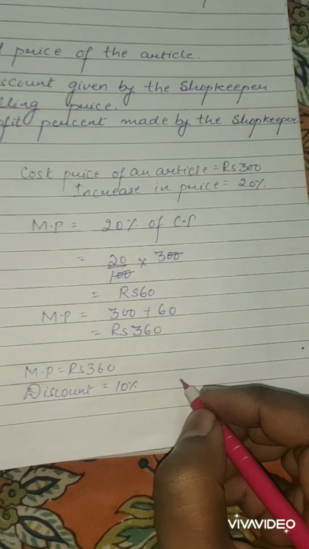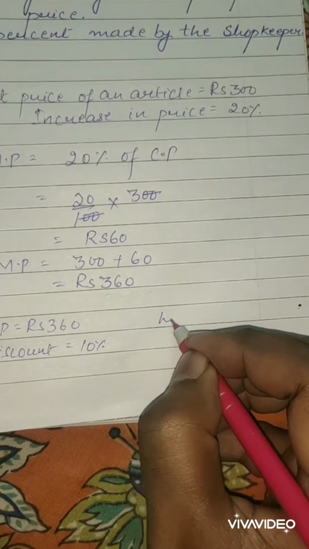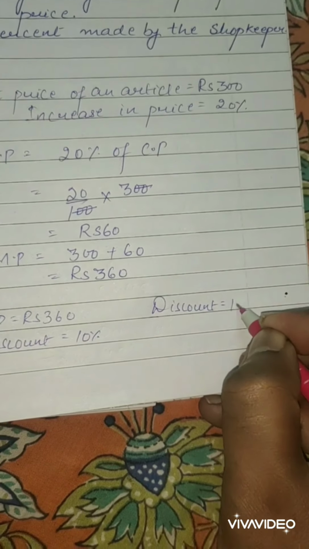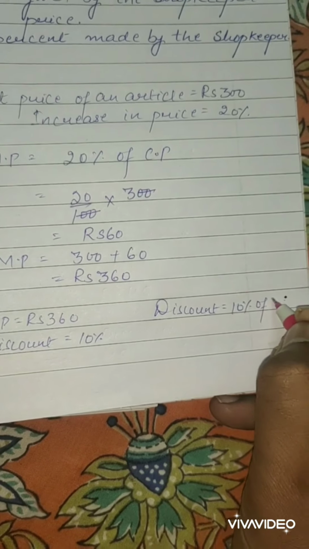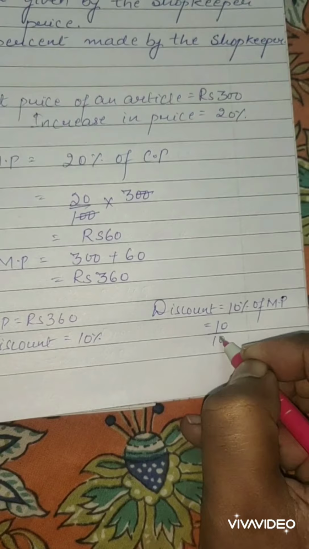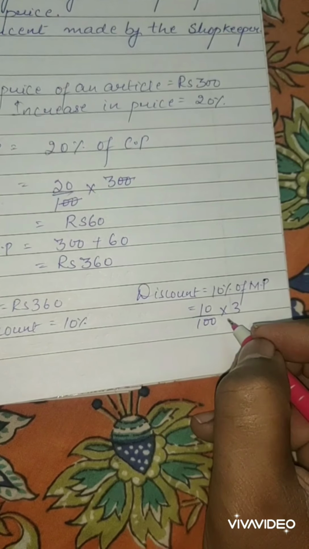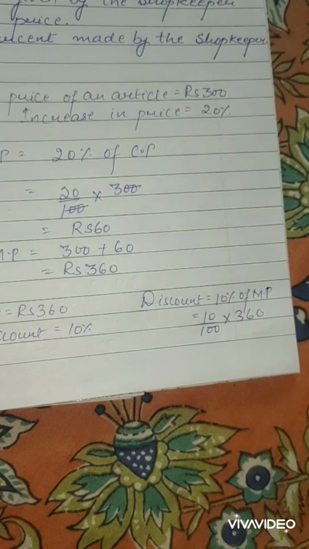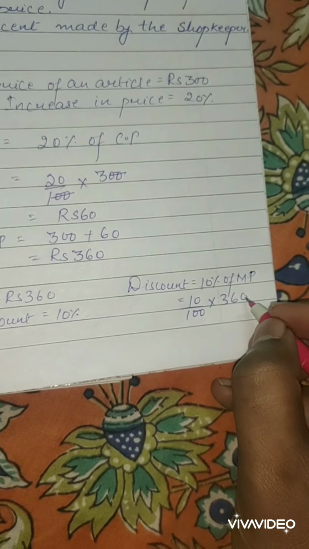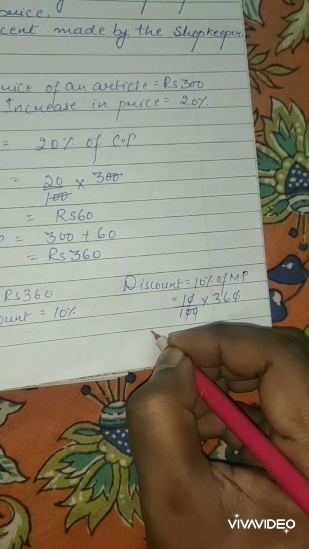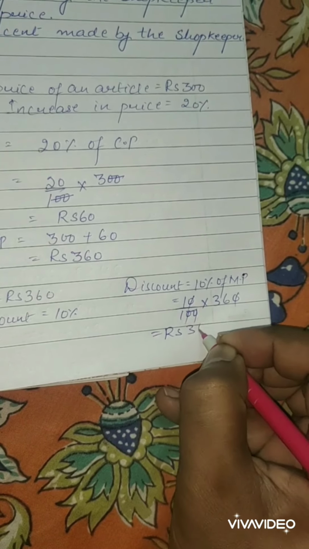So what will be the discount? Discount is equal to 10% of mark price, that is 10 upon 100 into 360. Clear? Zeros will be cut, so that is rupees 36.